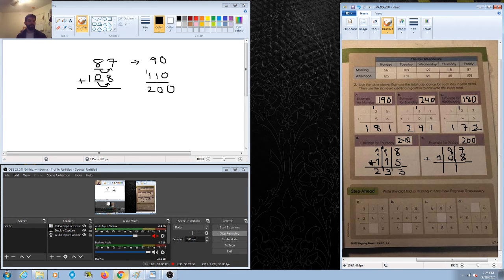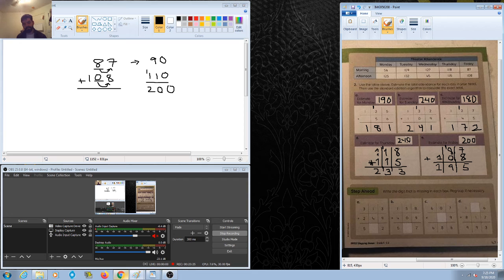There we go. 7 plus 8 is 15. So we're going to drop that 5, being it's the 1's place of 15. Carry the 1. 1 plus 8 is 9. But we don't have to carry anything. Keep that in mind, because 9 is not a 2-digit number, so we don't have to carry anything over. And then 1 we bring down as well. And our answer is 195, which is very close to our estimation of 200.